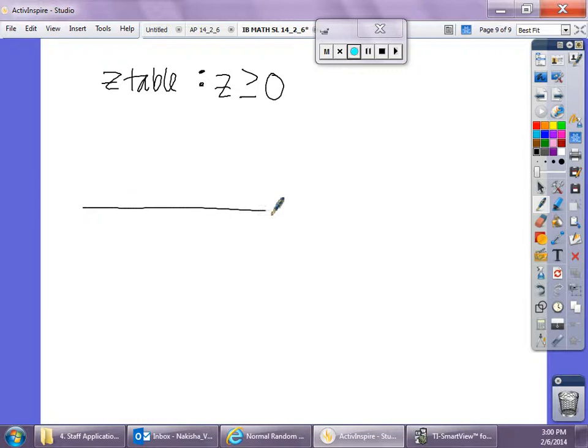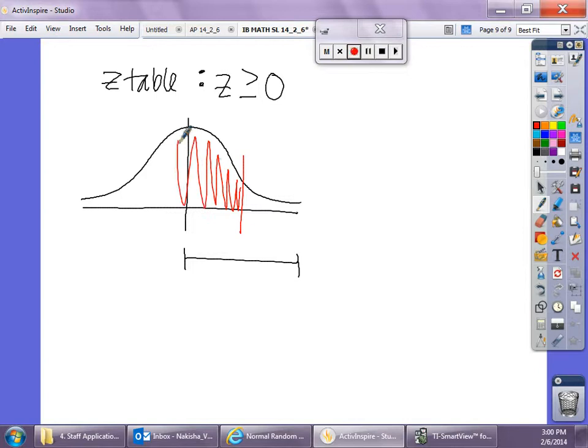It also then, when you're normally distributed, only gives you z-values on this side. And when it gives you a z-value, it gives you the area always to the left in that table. So easy questions are anytime we do a probability where x is less than or equal to some z-value that's bigger than 0.